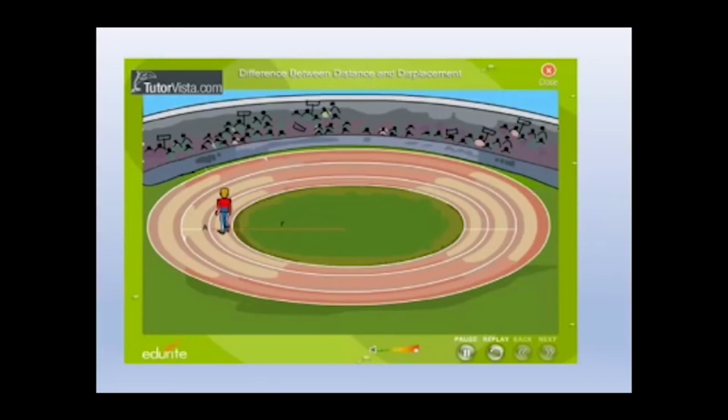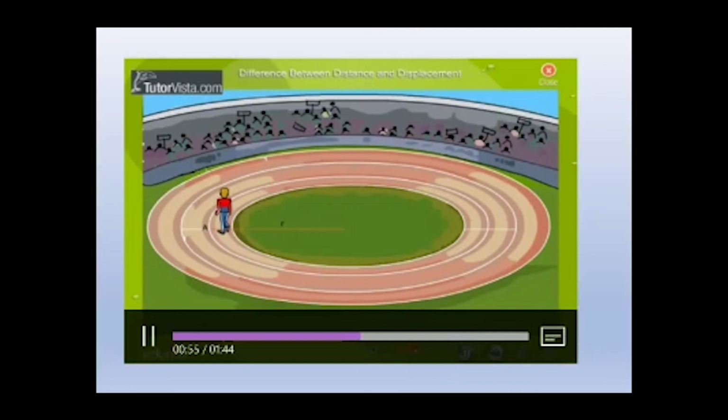Is there any displacement or change in position when the athlete comes back to A? No, there is no change in the position because the final and initial positions are the same. That is, the displacement is equal to 0.